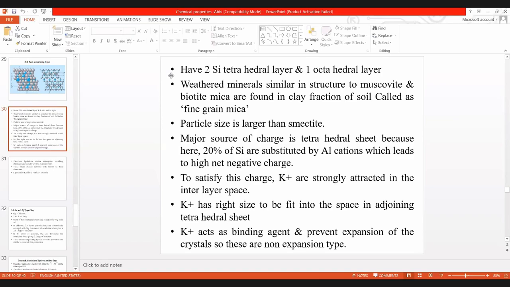And 20% of the silicon is substituted by aluminium cations, which leads to higher net negative charges, and these negative charges will attract K plus ions strongly, and these K plus ions are the right size to fit into the space. So it ultimately leads to non-expanding nature.